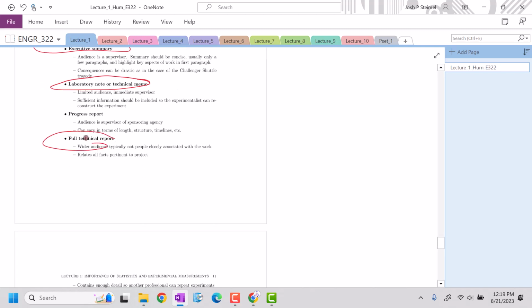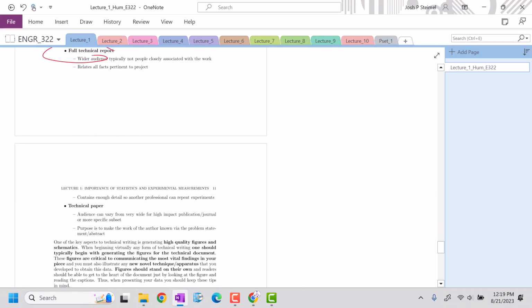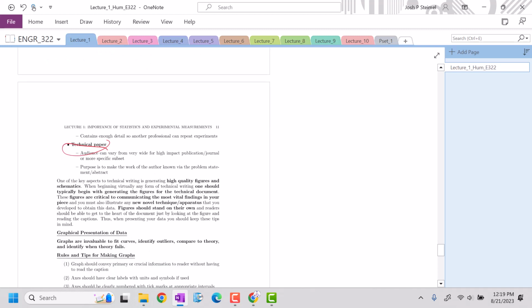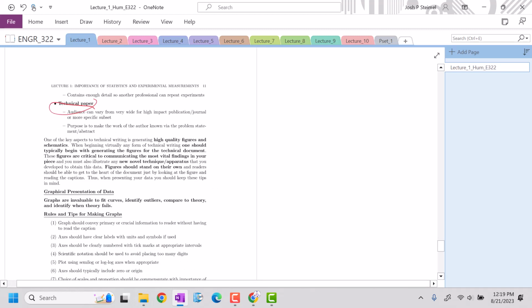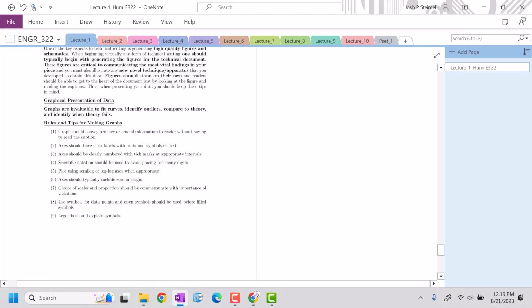And you can go all the way to a full technical report or technical paper where every single detail, even model numbers on experimental apparatuses, is included. So there's a range, and we need to be able to communicate in these different audiences and technical writing forms. The technical report could be several hundred pages and super detailed for a very specific, highly technical audience as well.